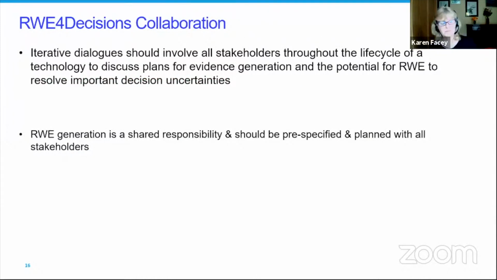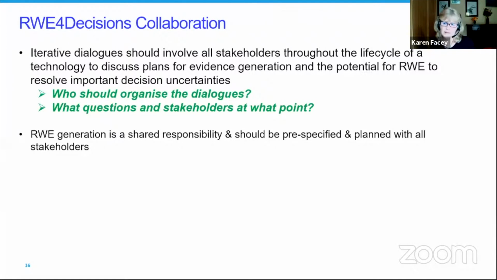And just as I come to my wrap up, just thinking about the other element of what we see as being crucial, which is this area around collaboration. If we unpack that a little bit, we did a process whereby we looked specifically at highly innovative technologies. We tried to bring all stakeholders together.